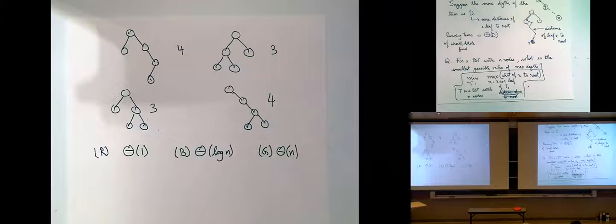Okay, so this is the question. What is the limit of a binary search tree? This question kind of makes sense now. For any binary search tree with n nodes, can you get the best binary search tree in terms of its worst depth?